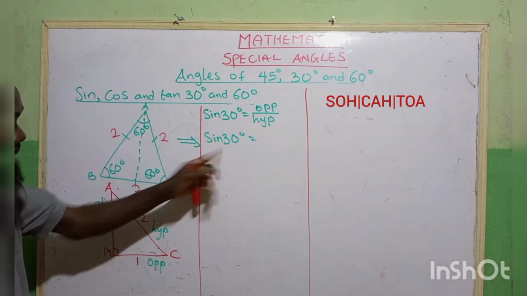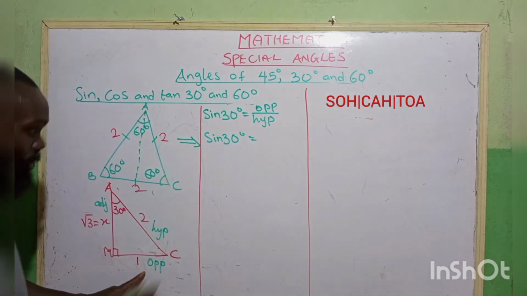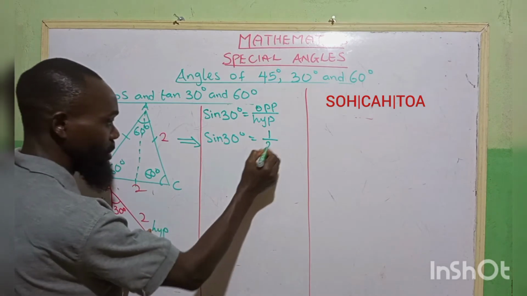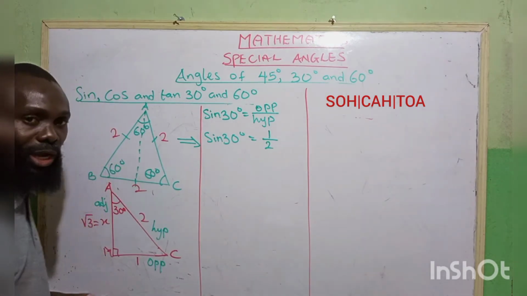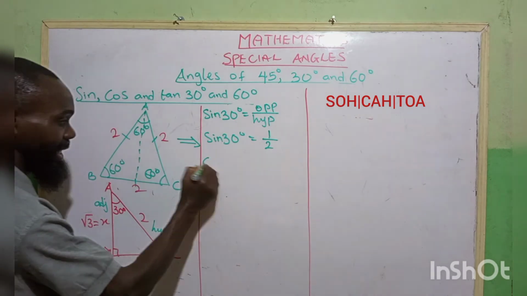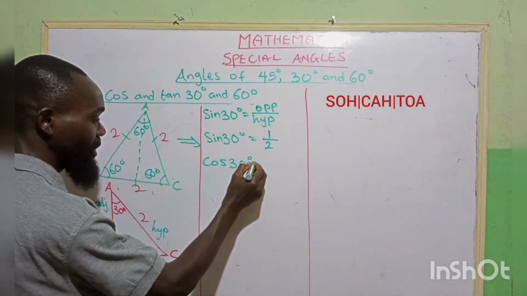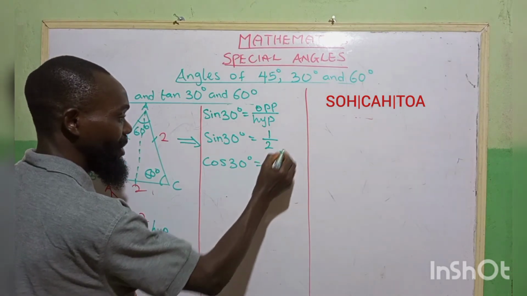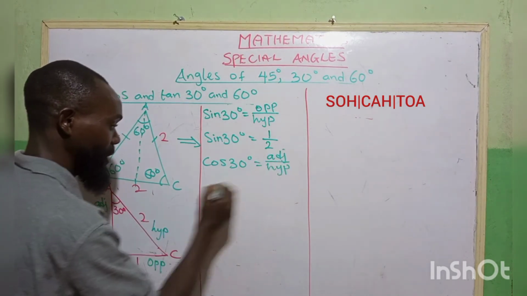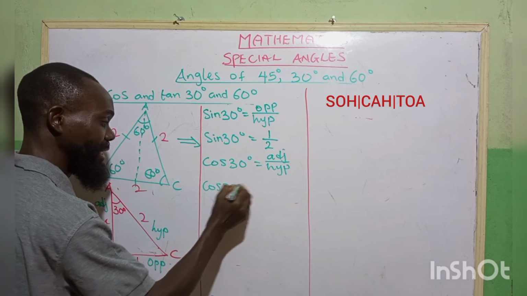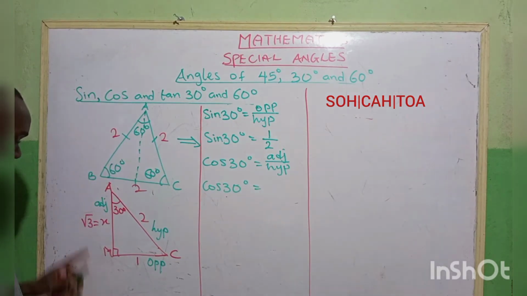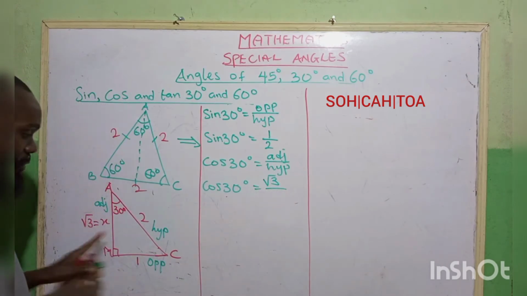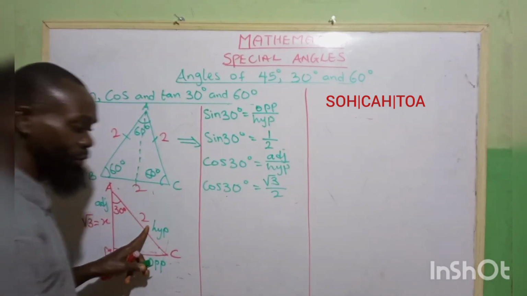Now, what is my sin 30? Opposite, which is 1, over hypotenuse, which is 2. So sin 30 degrees equals 1 over 2. Now, cos 30 degrees. Cos is adjacent over hypotenuse. So cos 30 degrees equals my adjacent, which is root 3, over my hypotenuse, which is 2: root 3 over 2.